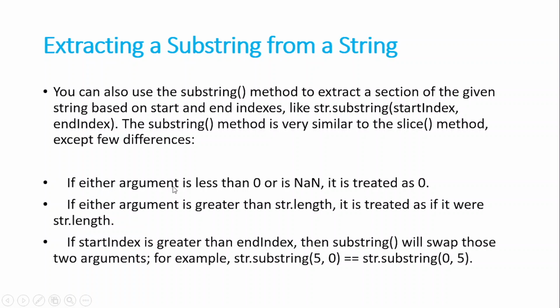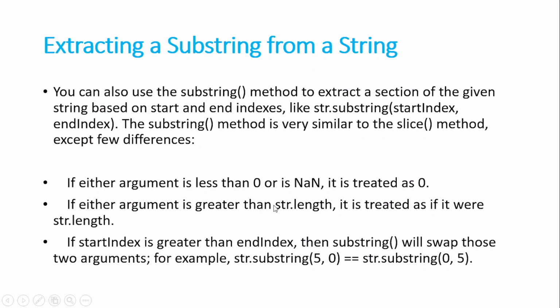If either argument is less than 0 or is not a number, it is treated as 0. So we cannot give minus to it. Minus isn't treated here. So it will treat 0 as the minus index. So if we provide minus 5, it will treat it as 0. So we cannot give any index less than 0.